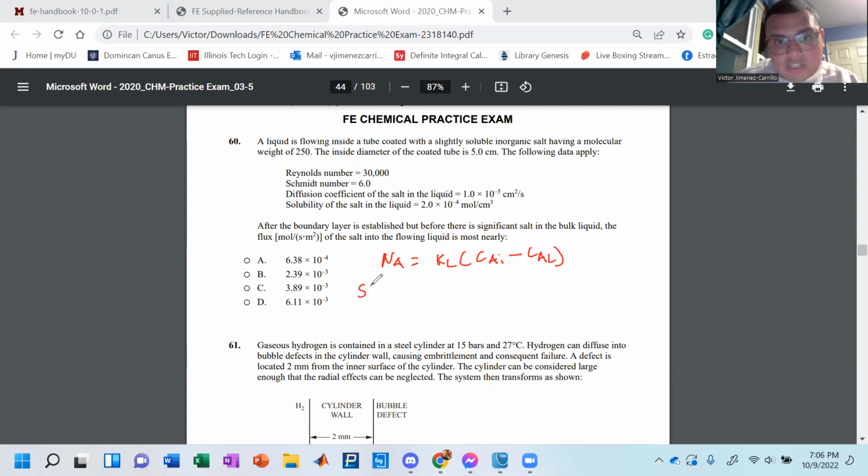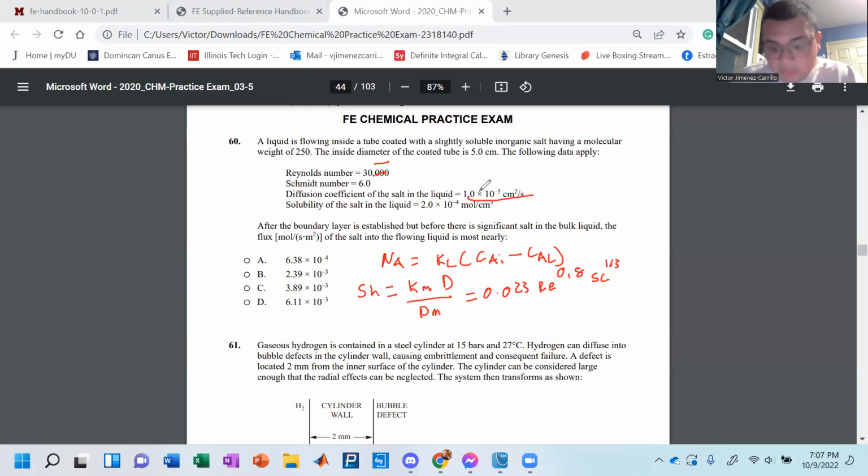Well, the Sherwood number is equal to the mass transfer coefficient multiplied by the diameter divided by the diffusivity constant, which can also be equal to 0.023, Reynolds number to the power of 0.8, times the Schmidt's number to the 1/3. The question gives you Reynolds, Schmidt's, diameter, and diffusivity constant.